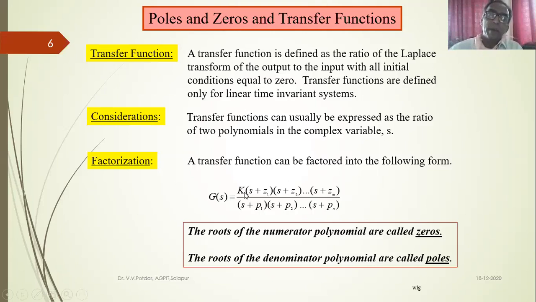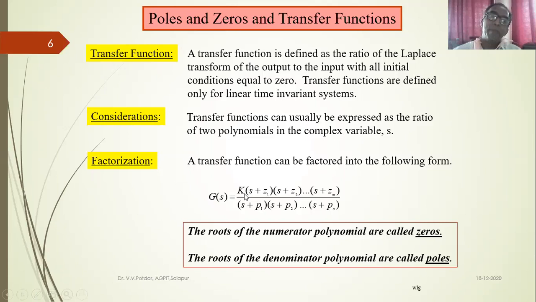Okay, so I had said one more thing. K is called the constant or steady state gain of this transfer function. And then I got S as one of the factors. Now what happens? That S is also called a zero of the transfer function. But that zero will be for the value of S equal to 0, isn't it?